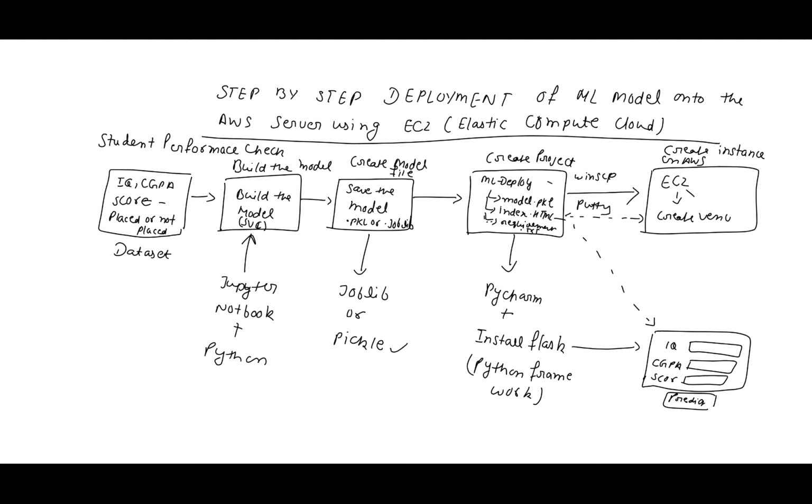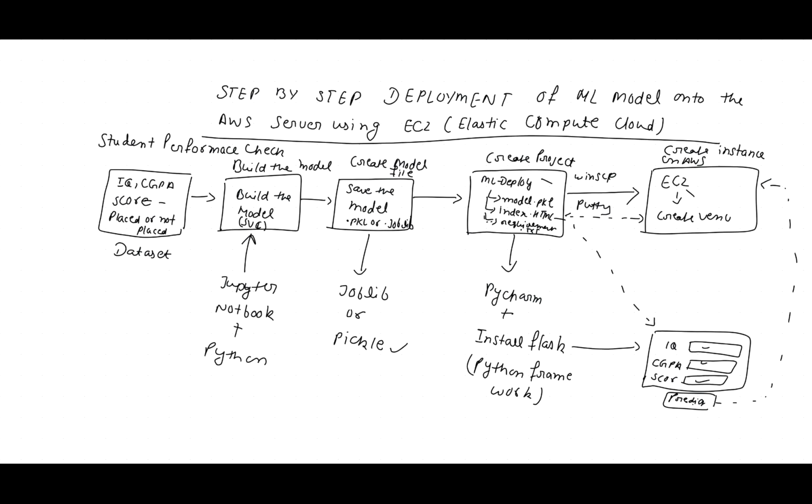Now I will make you understand what happens when the user comes onto your website. They will enter IQ, CGPA and score, and click on the predict button. When they click on the predict button, the request will be sent to this one. It will find the request input features with all these values, and then it will communicate with Flask.